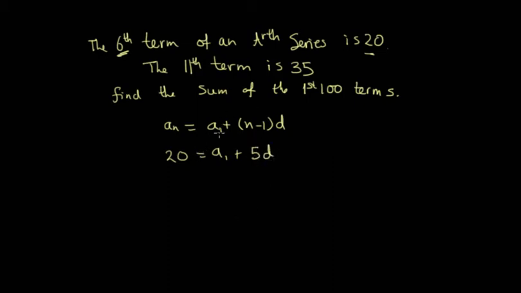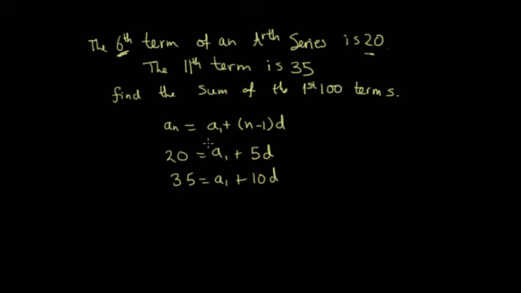We also know that the 11th term is 35, so we're going to set up a simultaneous equation. So we've got 35 equals a1 plus, this time the n minus 1 term is going to be 10d.